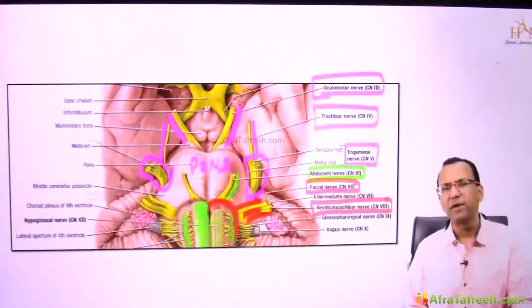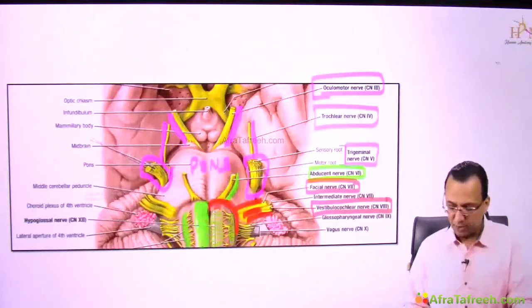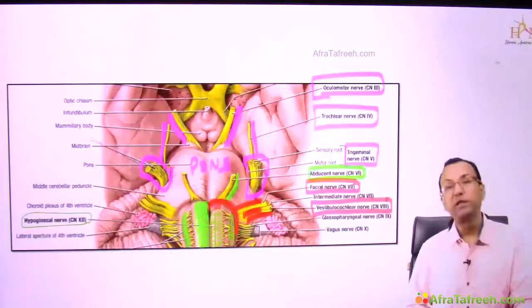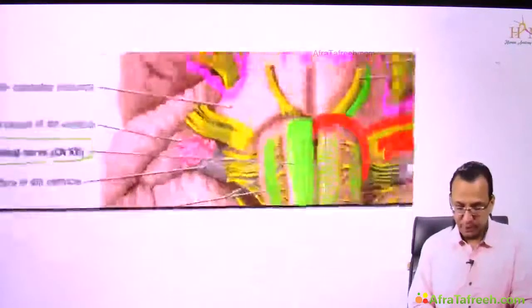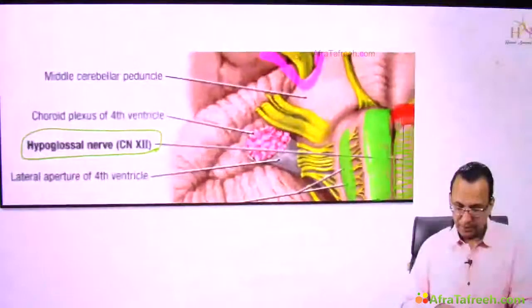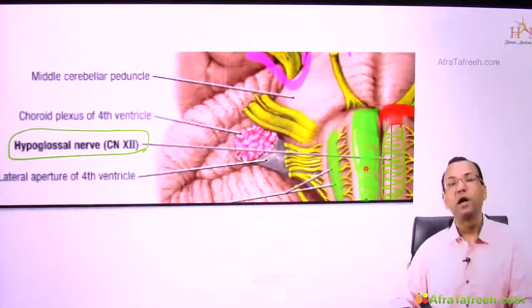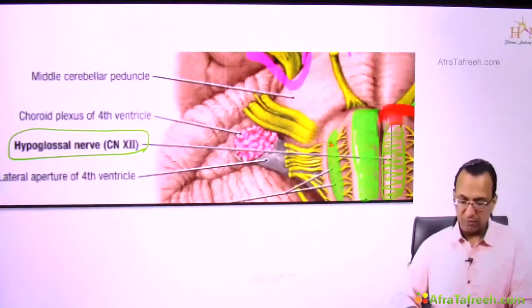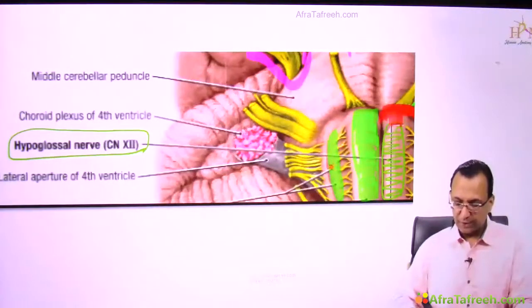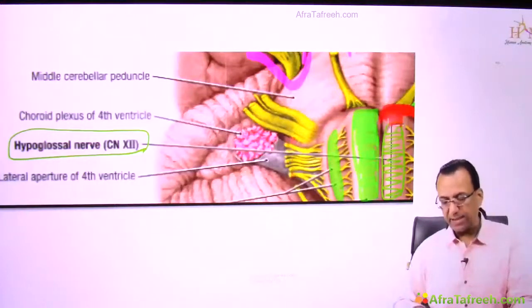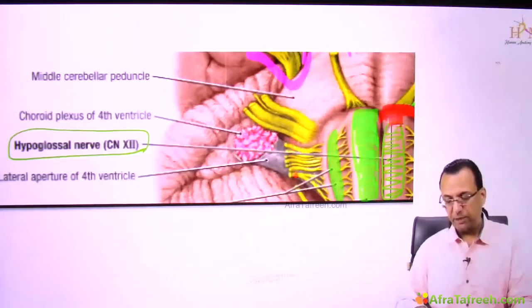What is between pyramid and olive is a question, and the answer is the 12th nerve. Pyramid is on the anterior side of the medulla oblongata, olive is slightly posterior, and sandwiched between the two is the 12th nerve. Then what is behind the olive? It is the number 9, 10, and 11, passing behind the olive.